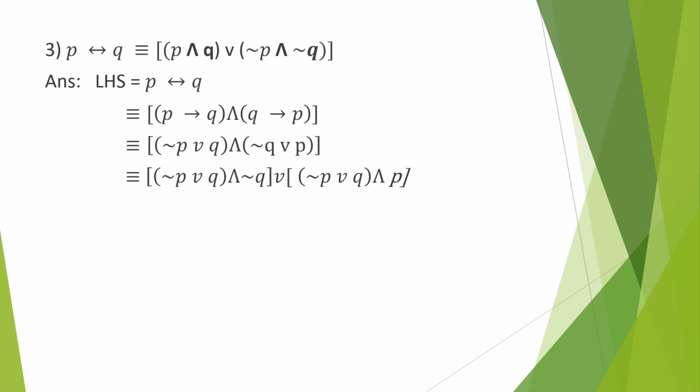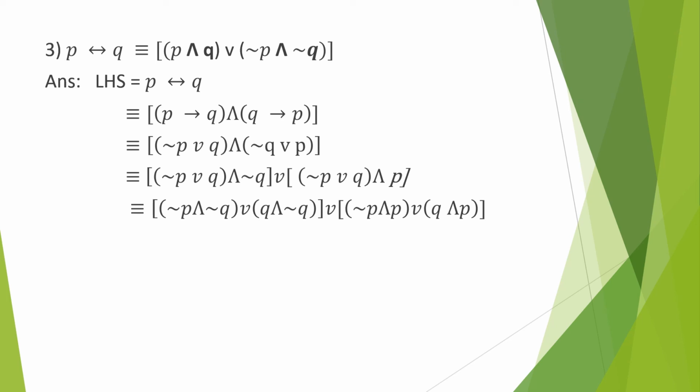Now we are applying the right distributive property. Means what? B plus C into A is B into A plus C into A. Likewise, the first bracket becomes negation P and negation Q, or Q and negation Q. The second square bracket becomes negation P and P, or Q and P.